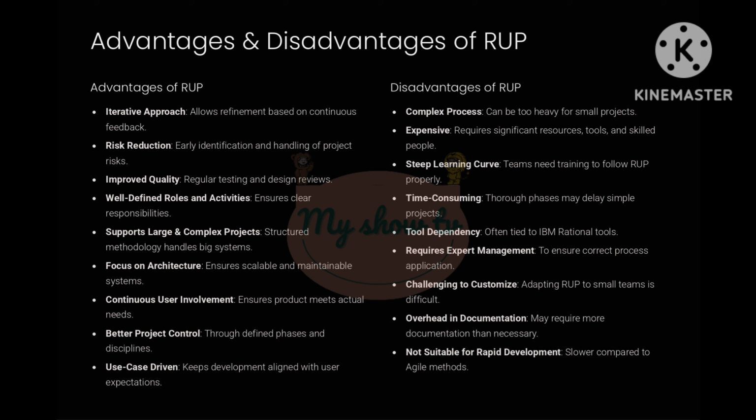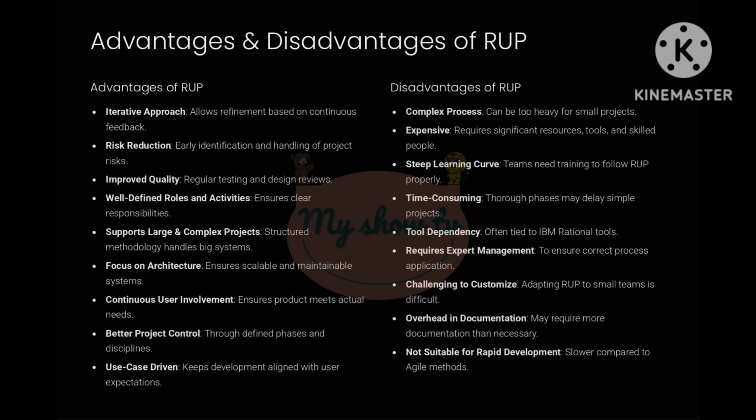2. High cost. Requires trained teams and often licensed tools. 3. Steep learning curve. Team needs time to understand and follow RUP. 4. Time consuming. Formal processes can slow things down. 5. Tool dependency. Often tied to IBM rational tools, increasing cost. 6.